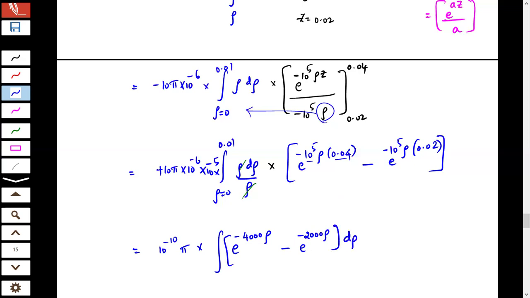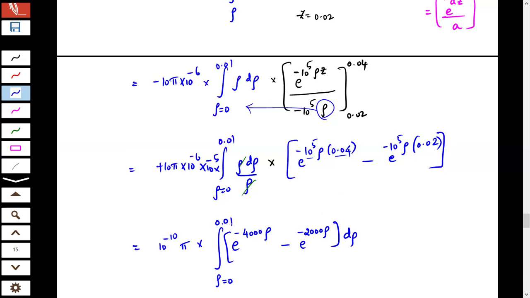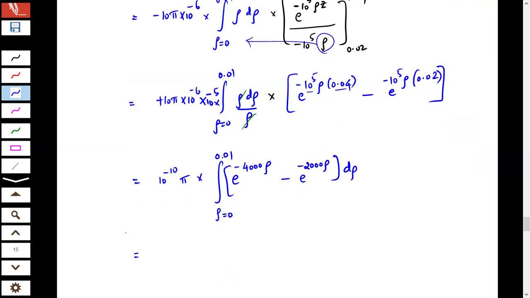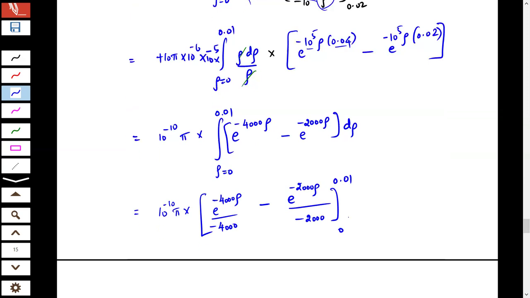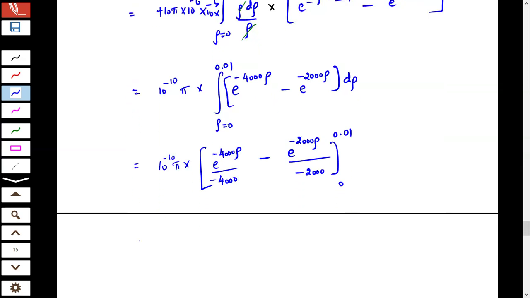This has to be integrated with respect to rho with limits of rho from 0 to 0.01. Then we should do the integration. So you'll get 10 power minus 10 pi into first integration will give e power minus 4000 rho divided by minus 4000, and second term is e power minus 2000 rho divided by minus 2000, limits 0 to 0.01.